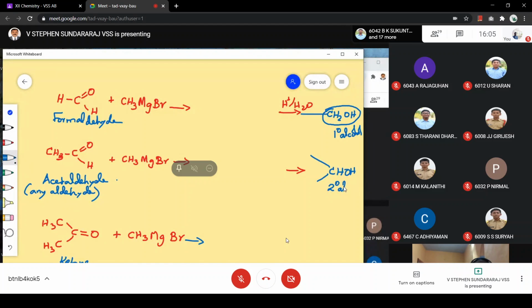Write down: other than formaldehyde, higher aldehydes will give secondary alcohol. And a ketone will definitely give a tertiary alcohol, because already two methyl groups are there, and from the Grignard reagent one more methyl group will come. So the OH will be attached there. This is tertiary alcohol.